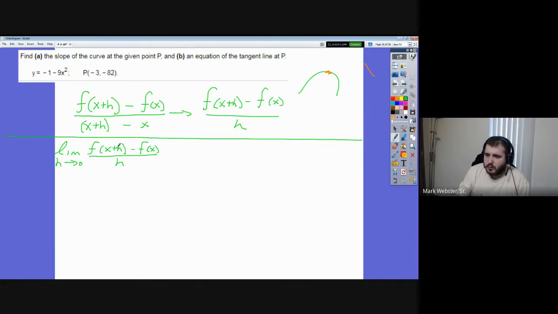So let's actually put this in here. Here's our function, f of x. I'm going to make it look better, f of x instead of y. And we know that our function is this. We're going to plug in x plus h where the x was, and we're just going to put the normal function here. So it'll look like this.